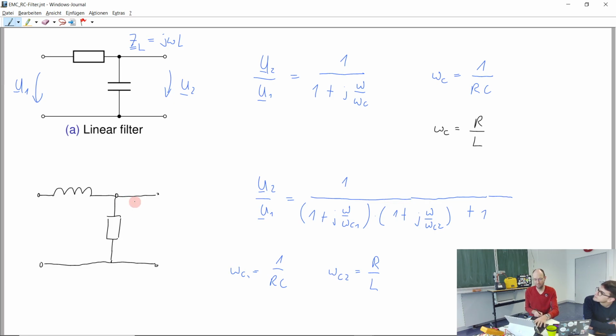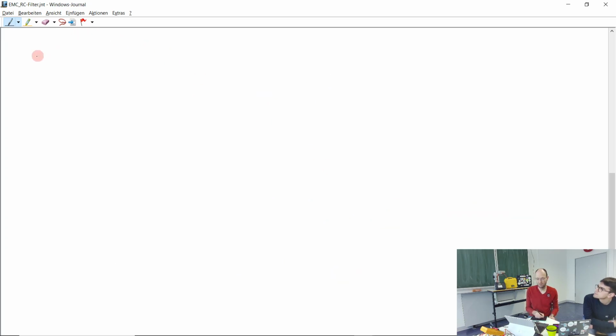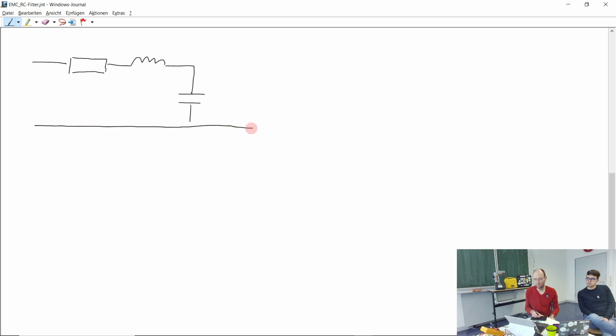I think like this, where we have, let's go to a new page. If we have some resistance, because our coil has some resistance, if we have some inductance, and if we have some capacitance, as was displayed on the sticker on the filter, if you remember.